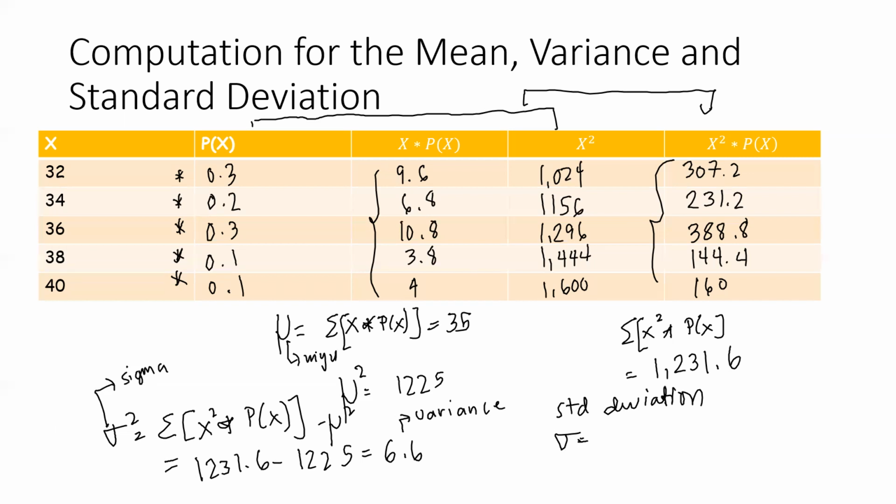So we're going to square root the 6.6. Traditionally, what we do is round it off to two decimal places, so it will become 2.57. That is the standard deviation of the given data.